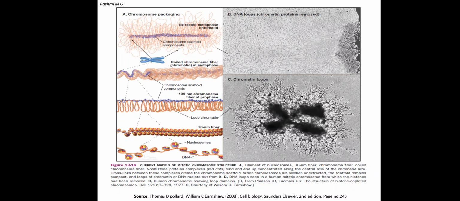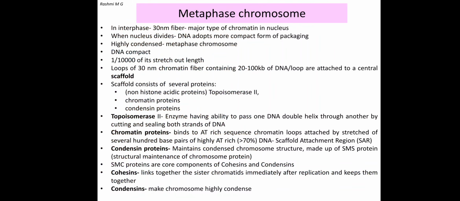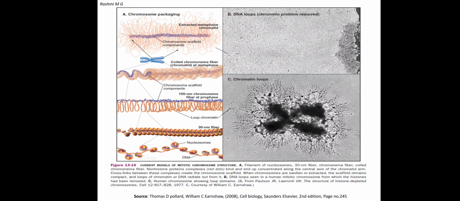So from the nucleosome model, or from beads on a string, to the compact metaphasic chromosome, it is nothing but the structural organization and the process of making chromosome compact.